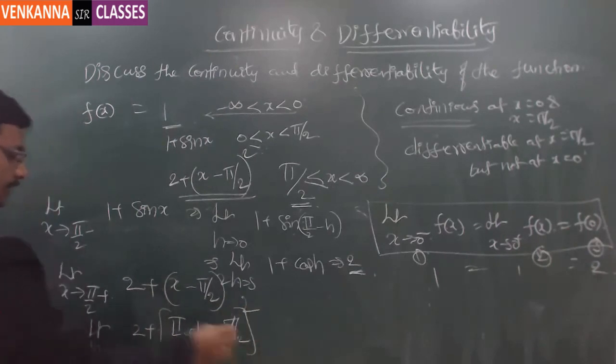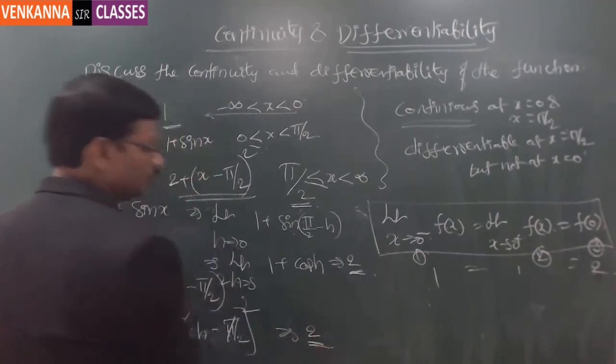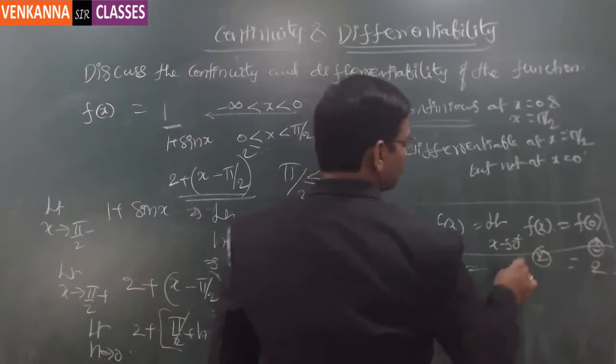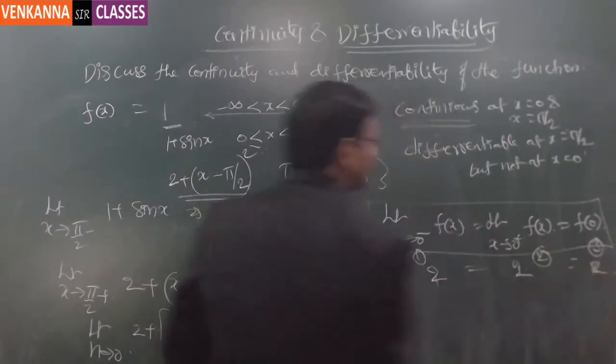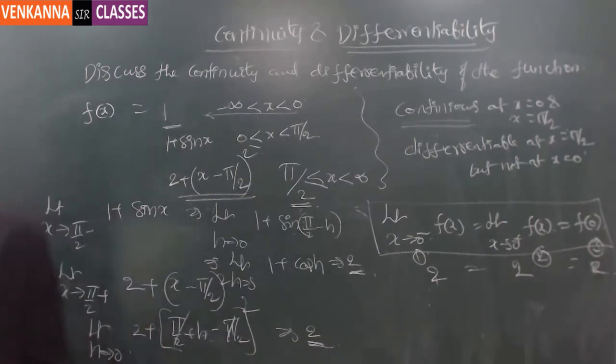So pi by 2 and pi by 2 will cancel. 2 plus h square, and h is equal to 0. The final value is coming out to be 2. So this value is 2, and this value is 2, and this value is 2. Now the function is continuous at x is equal to pi by 2 also. Got it? Understood?